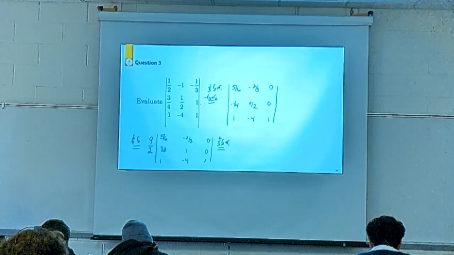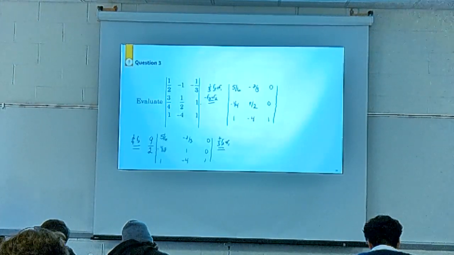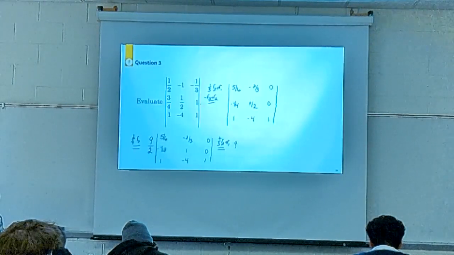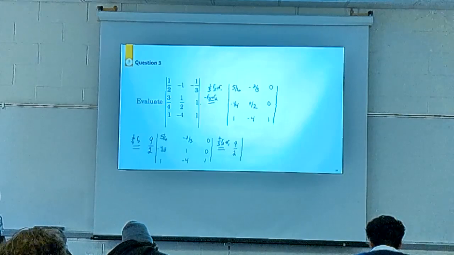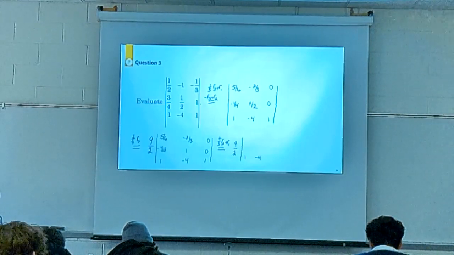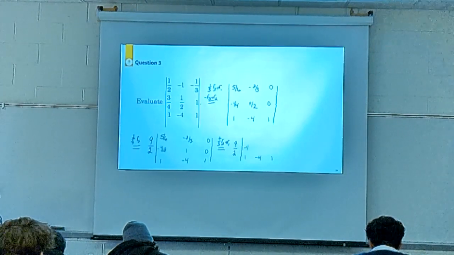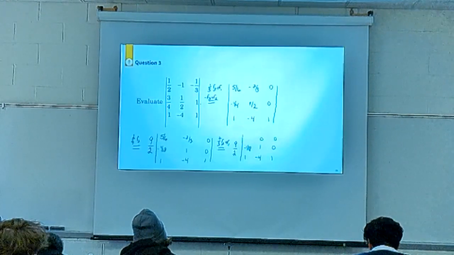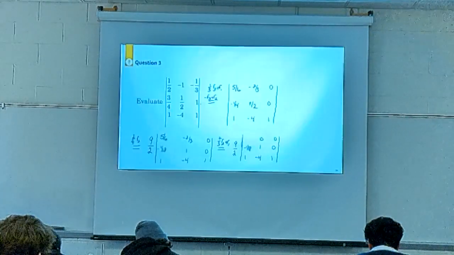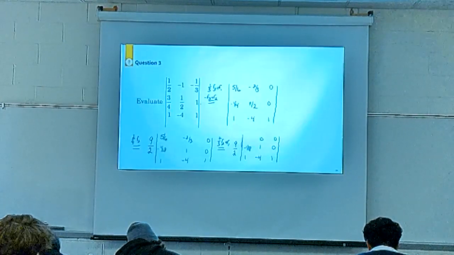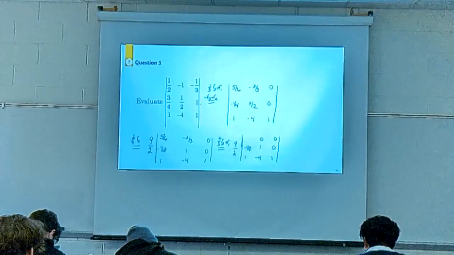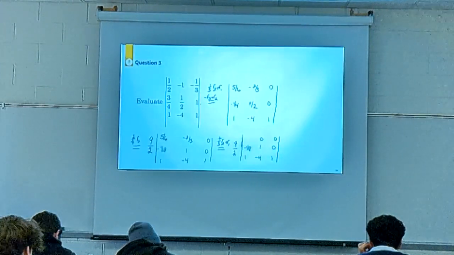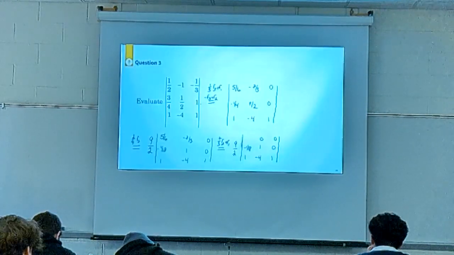7/3 row 2 plus row 1. And now what does that become? -1/18 times 7/3 plus 5/6. What the heck is that?